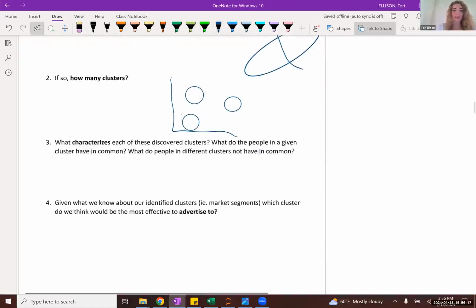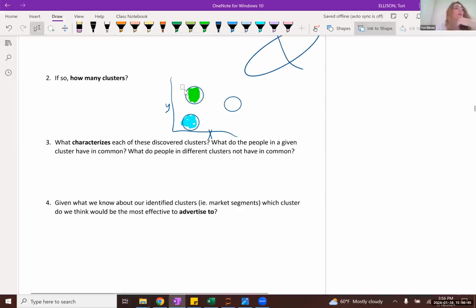Now, this is the most important part for an actual real-life analysis: once we've identified the inherent number of clusters in a data set, we want to figure out what characterizes each of those clusters. For instance, do people in one cluster tend to prefer juice bars and art galleries more than the people in the other cluster?